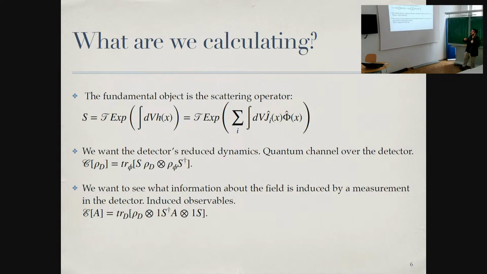On the other hand, one can do something that has come up later, I don't know, from the 2020s, which is to calculate induced observables. That is, if I have an observable of the detector, I can envision a map that takes observables of the detector to observables of the field in such a way that when I measure something about the detector, I'm measuring something about the quantum field after the interaction, right?